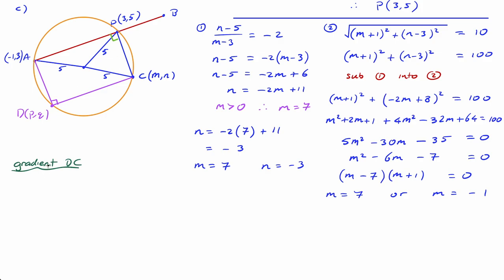Okay, so it's n minus q, or q minus n, but I know n is negative 3, so it's q plus 3 over p minus m, so p minus 7, and this must equal 1/2. Rearrange or cross multiply, I'll get 2q plus 6 equals p minus 7. There's equation 1. Now I want gradient AD.